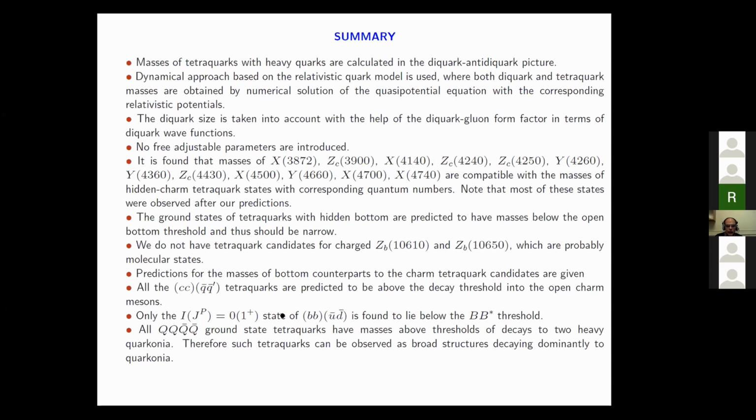So that state should be narrow. We considered the ground states of fully heavy tetraquarks, and all their masses are found above the threshold to decay into two heavy quarkonia. So such tetraquarks can be observed only as broad structures decaying dominantly to quarkonia.